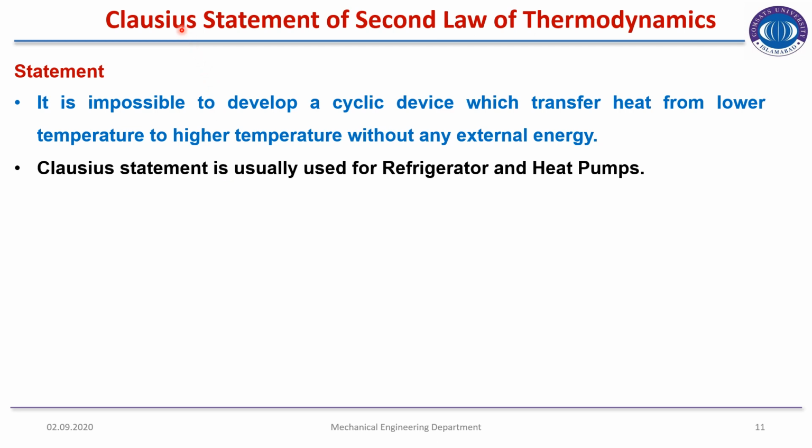So the Clausius statement states that it is impossible to develop a cyclic device which transfers heat from lower temperature to higher temperature without any external energy. This statement suggests that to take heat from lower temperature and throw it out on the higher temperature side, you have to use some energy.